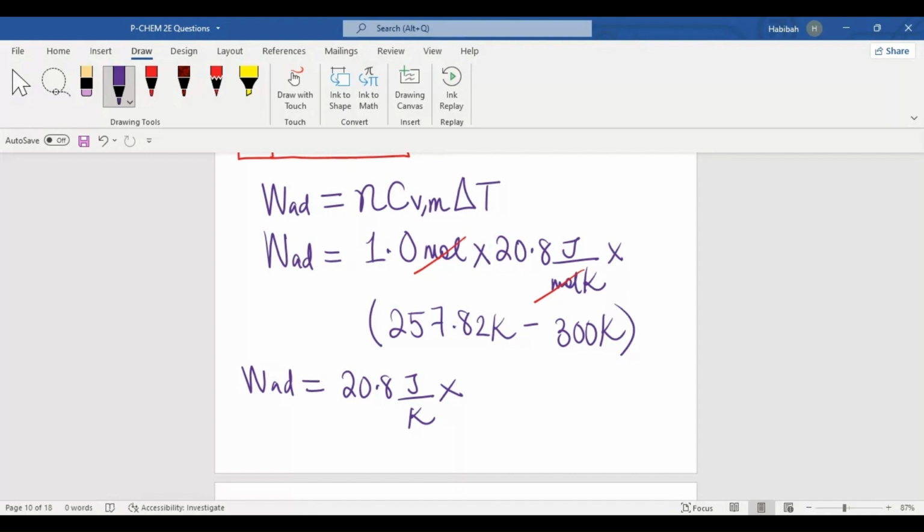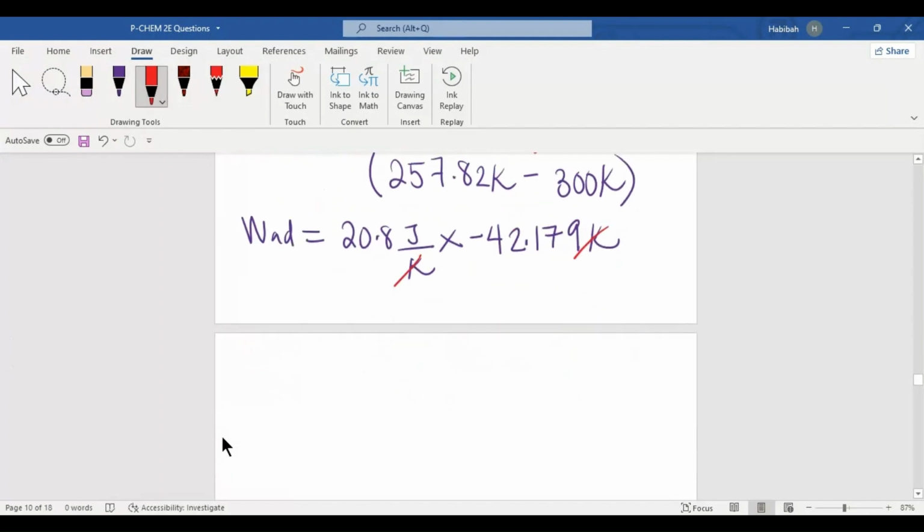So the change in temperature is equal to negative 42.179 kelvins. So let's cancel out the kelvins because don't forget it's work done. So we always have to check our units, and work done units is always in joules.